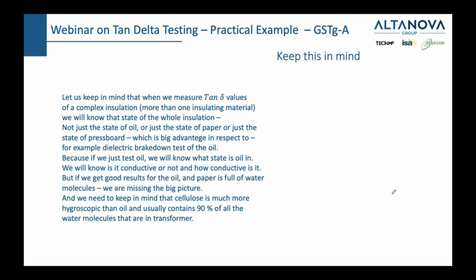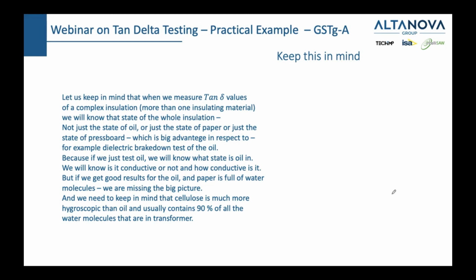That test also has its place, but you can have a perfect oil, and since most of the water molecules are in the cellulose, in the paper and pressboard, it doesn't help you if you have a fully functioning oil and damaged insulation in the cellulose.